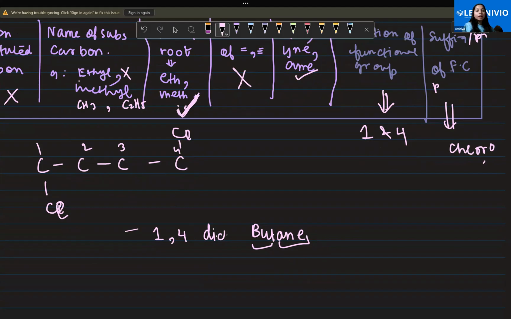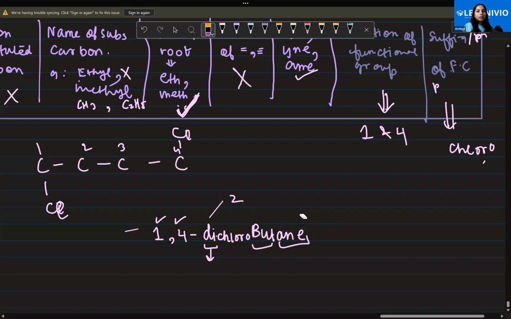So 1,4-dichlorobutane. Dichloro means two chloros. First chlorine is at the first position, second chlorine is at the fourth position. Di means two chlorines on a butane chain. Okay. Should I repeat?